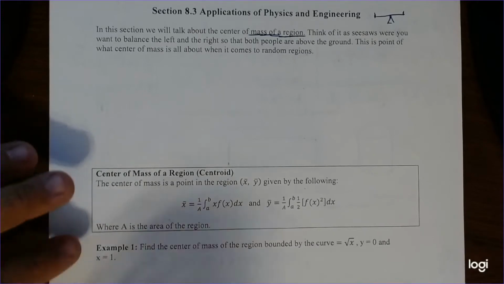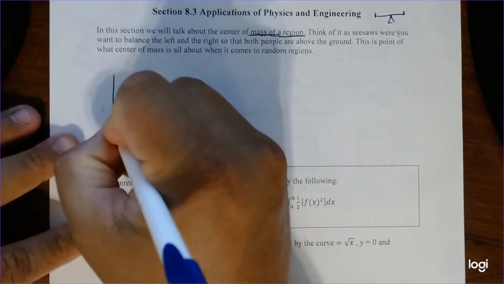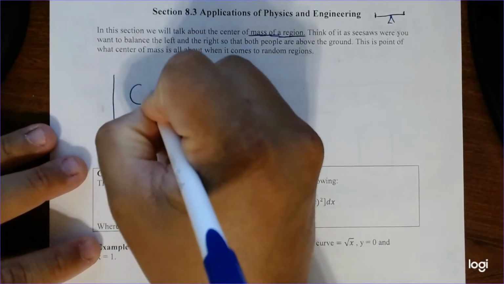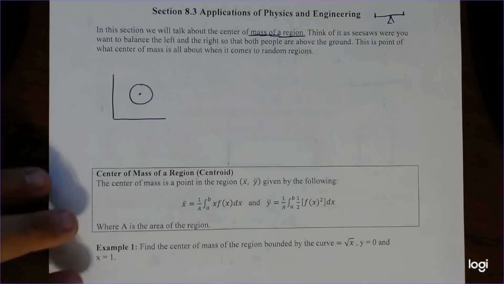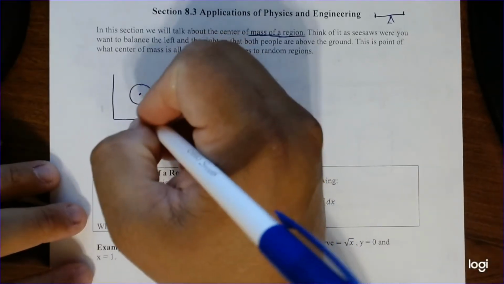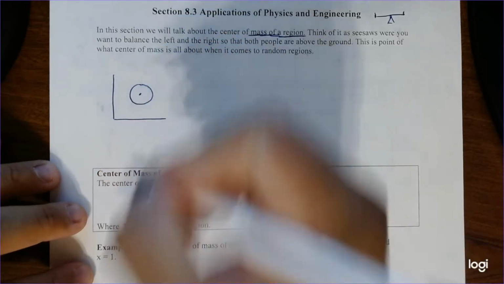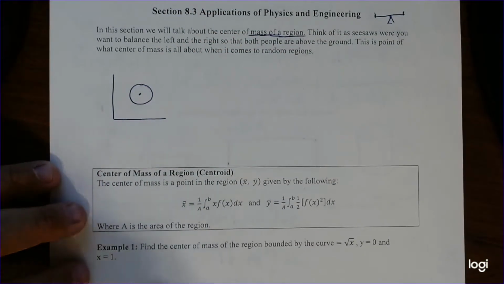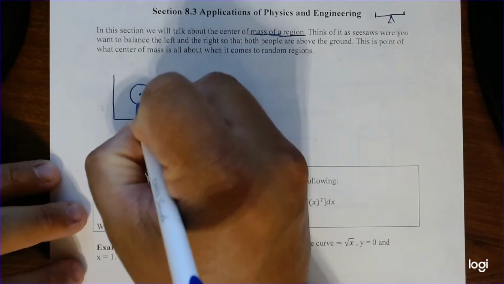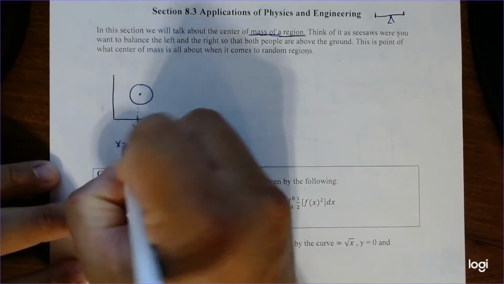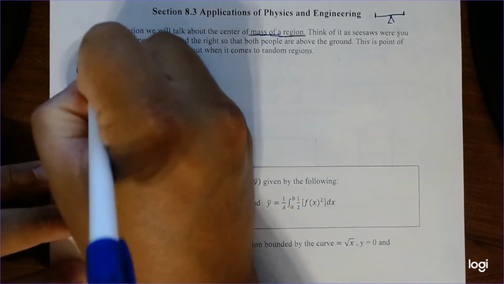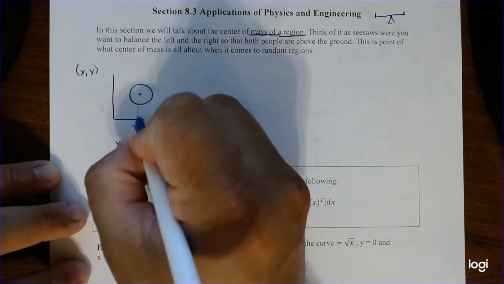Going back to geometry, if we have a circle with radius r, its center of mass is exactly in the center of the circle. What we want to figure out is what this point actually is, the exact center of this region or solid. If I go straight down here, that's x naught, so the x value of our x, y coordinate pair is some x naught exactly in the center.